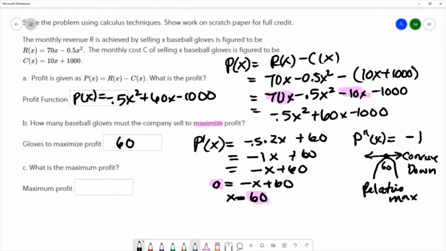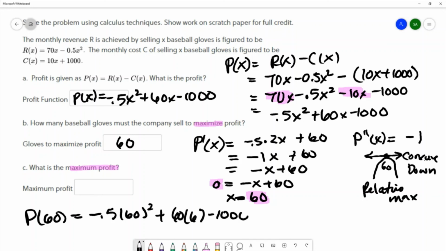And what is that maximum profit? We're going to substitute 60 into the profit function. That's negative 0.5 times 60 squared plus 60 times 60 minus 1,000. Negative 0.5 times 60 squared. 60 squared is 3,600. 60 times 60 is 3,600.